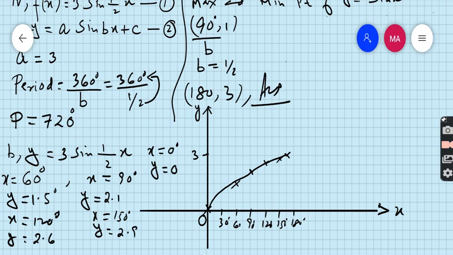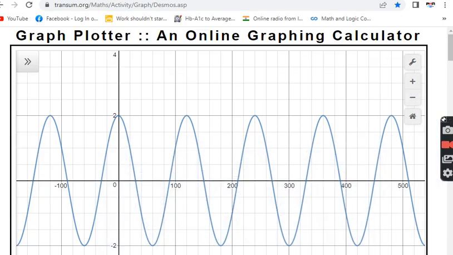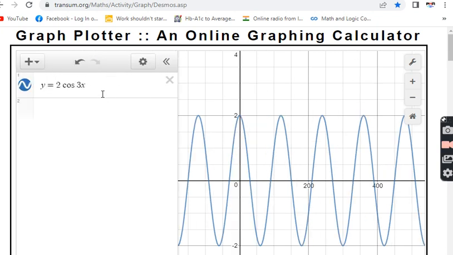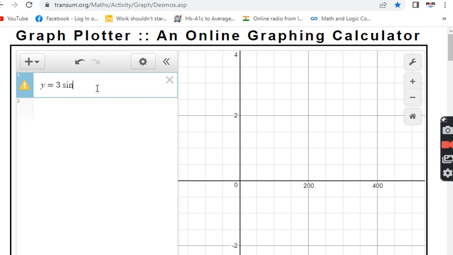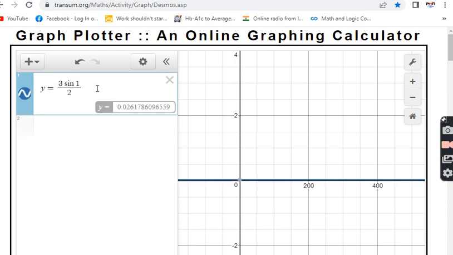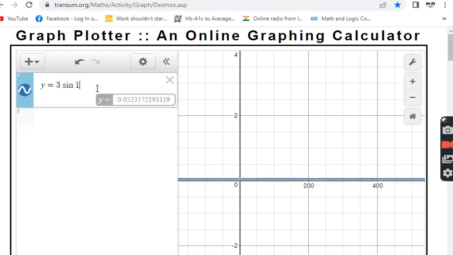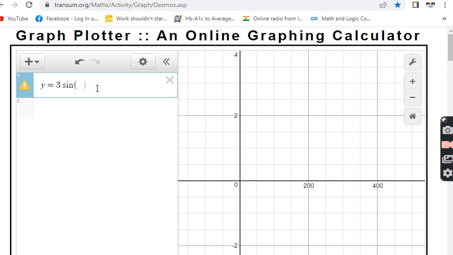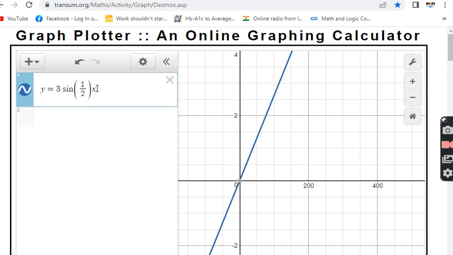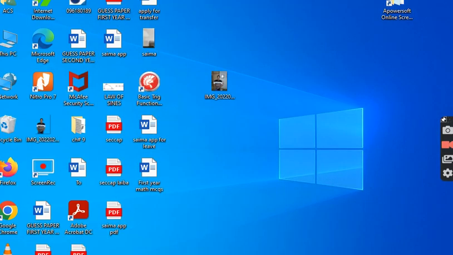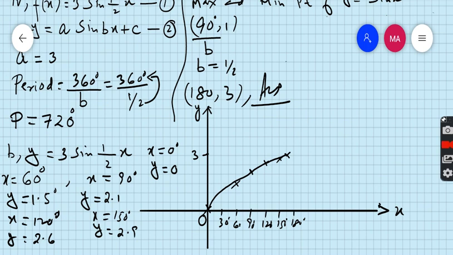Now check this graph from our graphing software. Three sine 1 upon 2x.